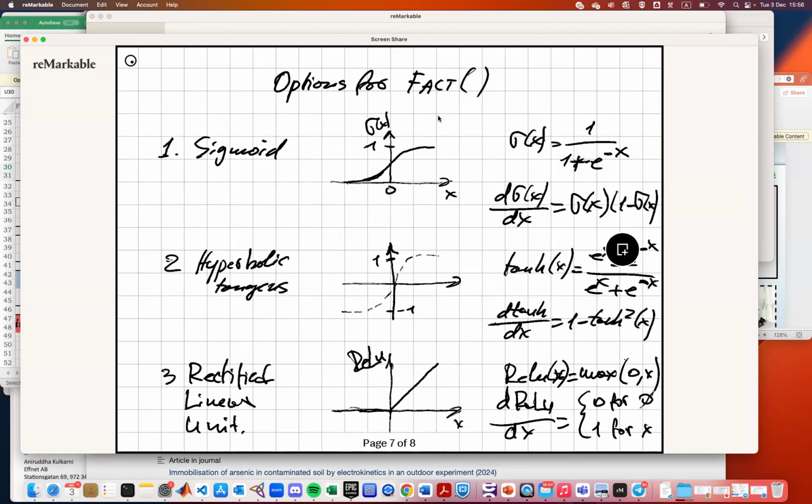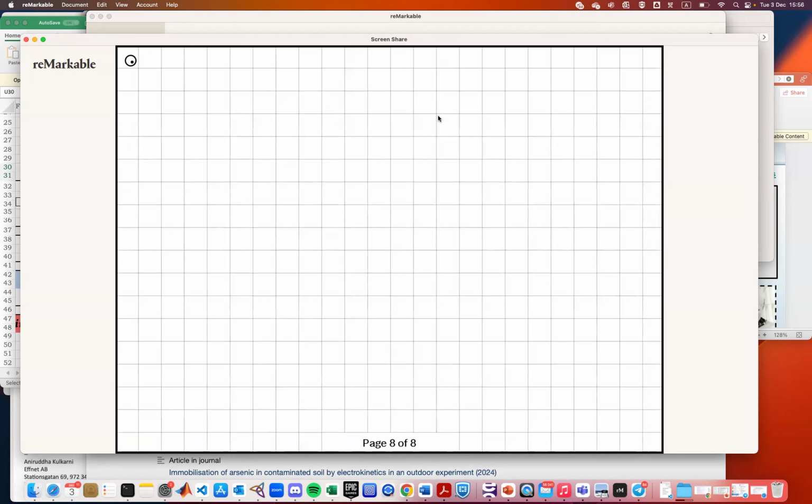Right, but now we come closer to the definition of the cost function itself. But before that, let's talk a little bit about the output.